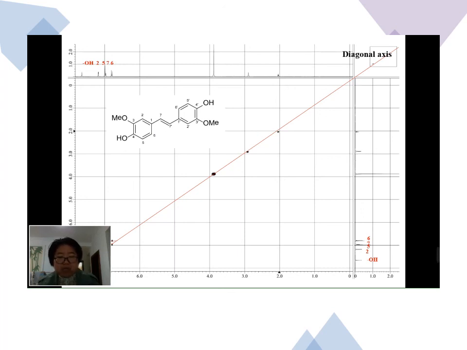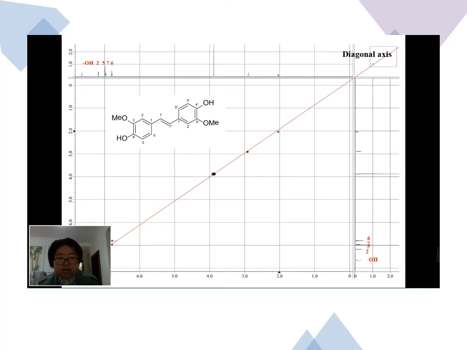The characteristic of the spectrum is that peaks on the diagonal correspond to the one-dimensional spectrum, and the cross peaks outside the diagonal in F1 and F2 correspond to the chemical shifts of the coupling nuclei, providing information about hydrogen-hydrogen coupling through three bonds.